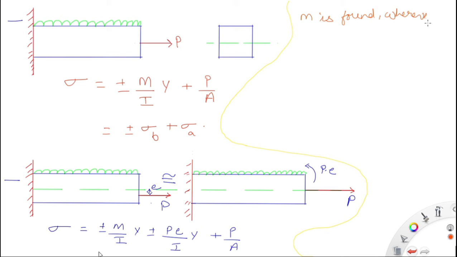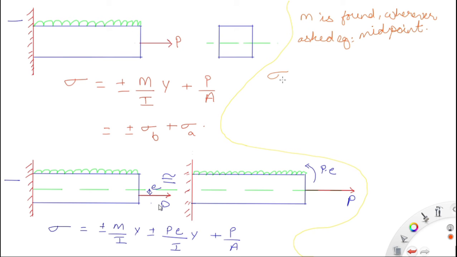Now in the second question, this P has been moved a bit, means eccentricity has been given. So it's moved from the midway, it's moved from the mid point. E is the distance that has been moved from the center. Okay, so P is acting now away from the center at a distance E. So this is the P force acting.